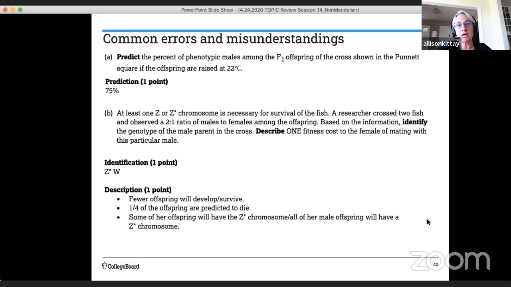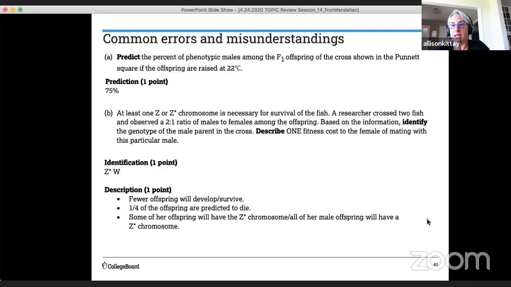Okay, so here's the scoring guidelines. The prediction is that there would be 75% males, and that's part A. And then in part B, the 2-to-1 ratio of males to females means that you would have to have the male parent being Z star W. And the reason that there's a fitness cost, as you'll see when I show you the Punnett square, is that fewer offspring will survive.